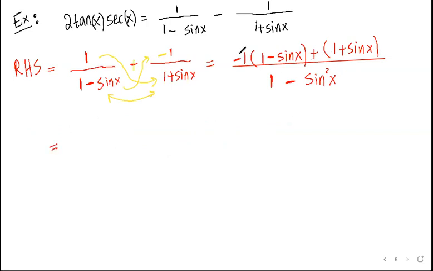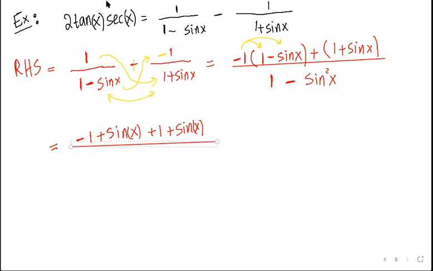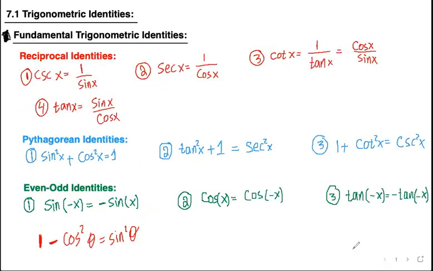The minus I distribute inside the parentheses, and I simplify at the same time, so I get minus 1 plus sine x plus 1 plus sine of x over cosine square of x. How? Same thing here: sine square plus cosine square equal 1.